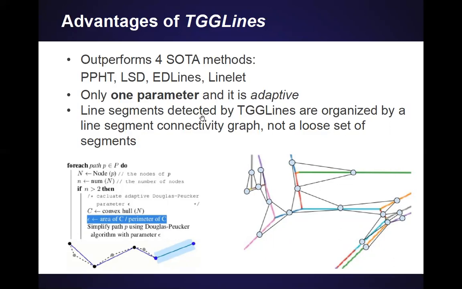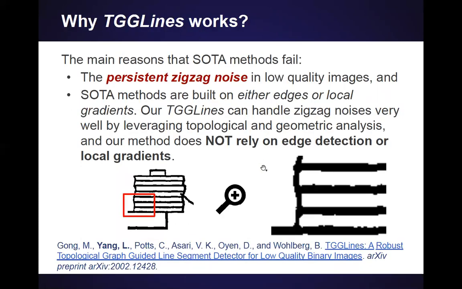Also, all line segments detected by TG lines are organized by a line segment connectivity graph, not just a loose set of segments as provided by other state-of-the-art methods. So you may ask, why does TG lines work so well? The main reason state-of-the-art methods fail is the persistent zigzag noises in low-quality images.